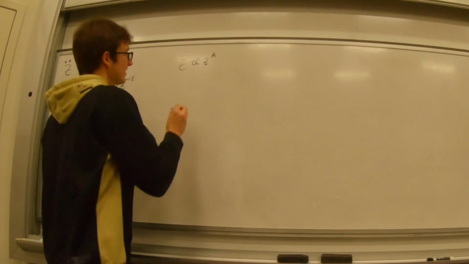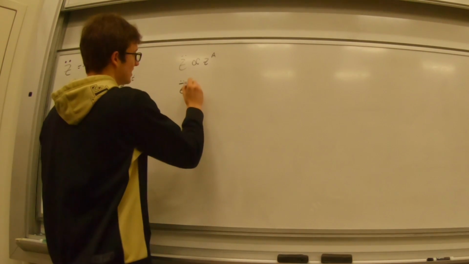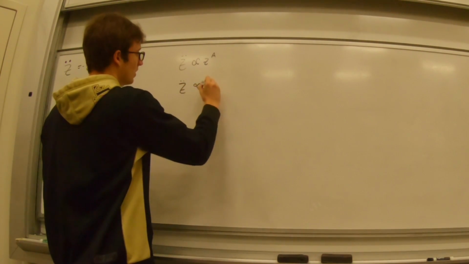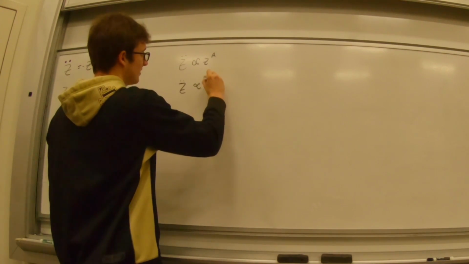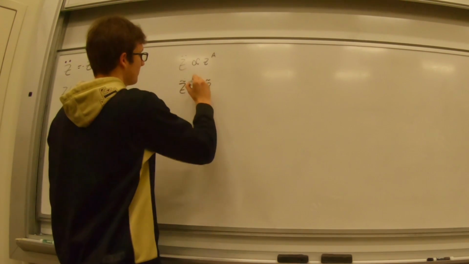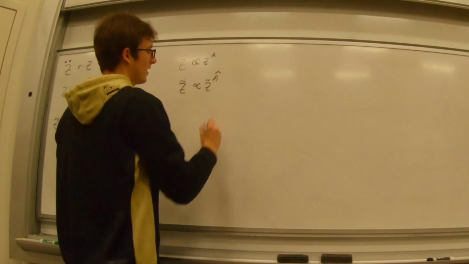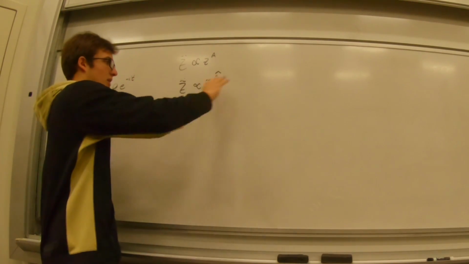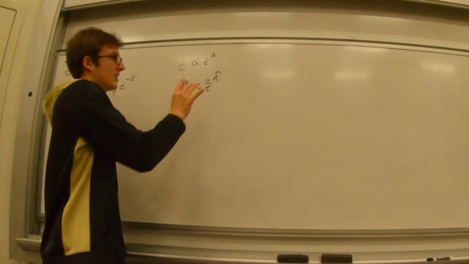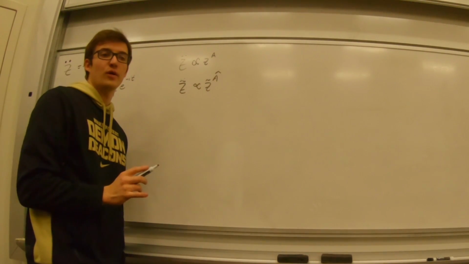And let's say we have some other equation, z tilde double dot is proportional to z tilde to the a tilde. So these are a separate equation with a separate solution over here.